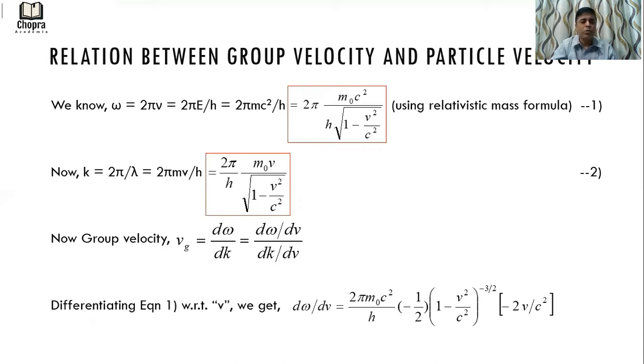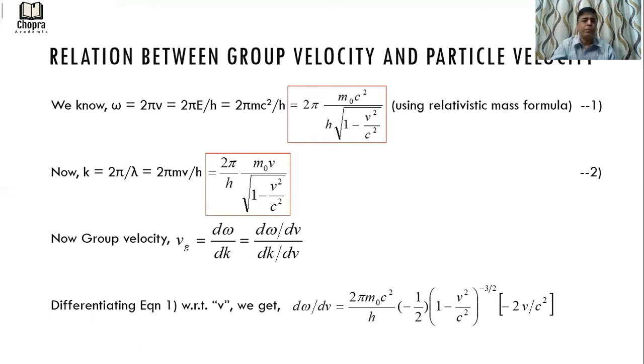These are quantum particles, so basically we have to use the relativistic formula. We have here 2 pi m naught by root of 1 minus v square by c square, that is m, times c square by h. So this is equation number 1, using the relativistic mass formula.